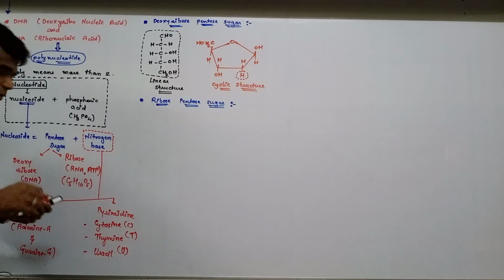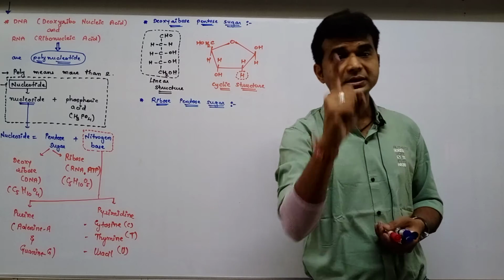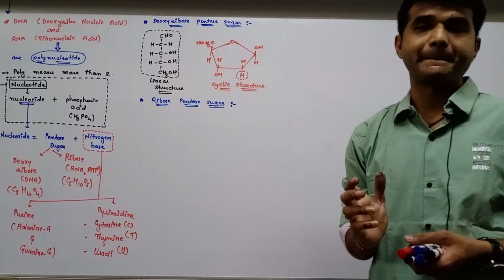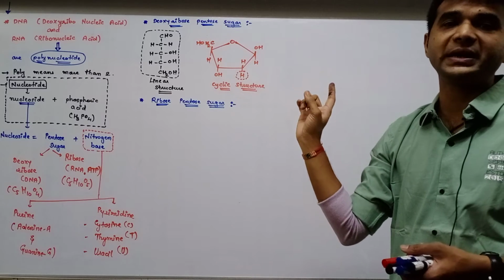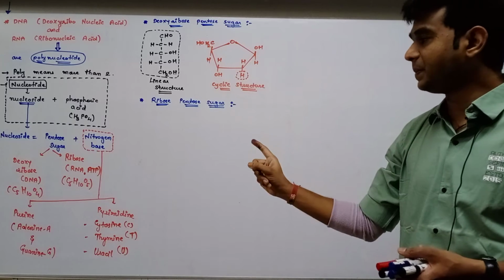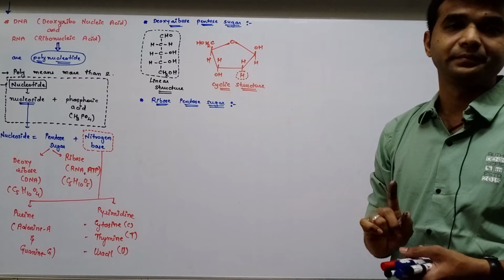The most important thing is that ATP is the energy currency of the cell. Any cell can obtain energy in the form of ATP only, and ATP is nothing but a ribonucleotide.